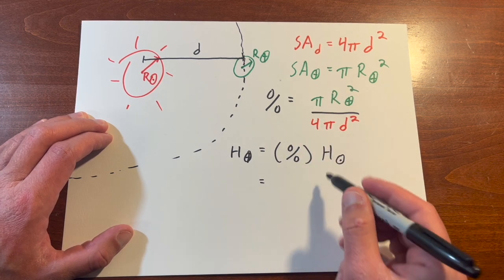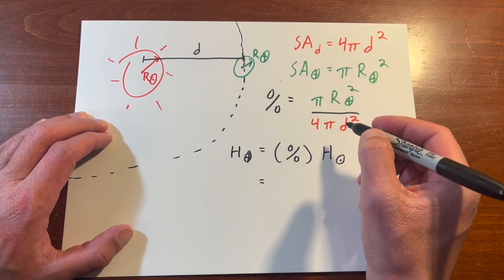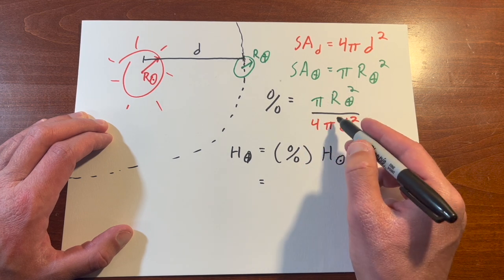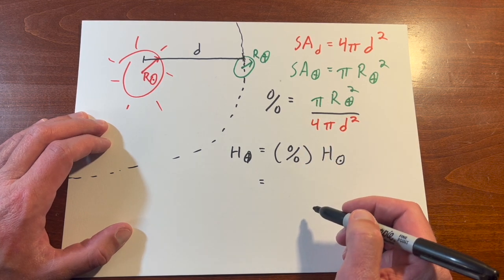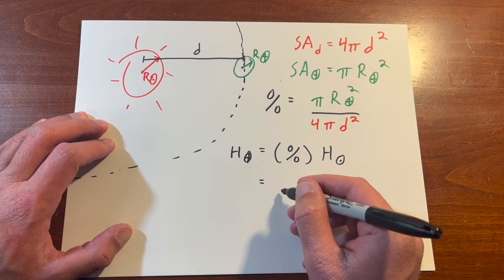Let's do a little bit of simplification here. So a pi will get crossed out on either one of those guys.